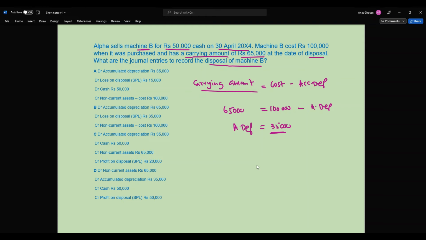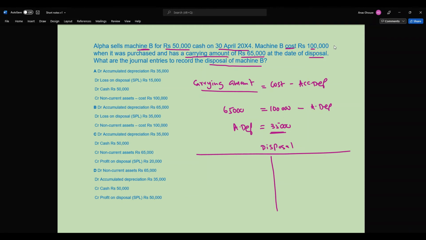Now when you take a disposal account, how do you record this disposal? The cost of machine B will be transferred from the asset account to the disposal account.